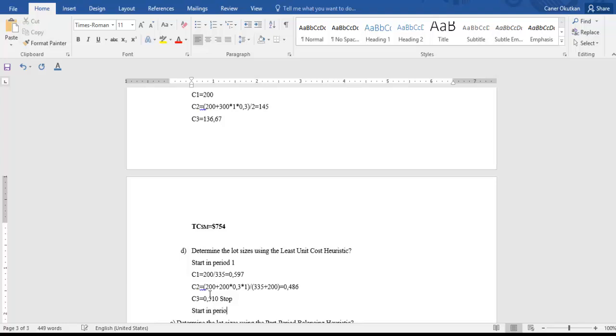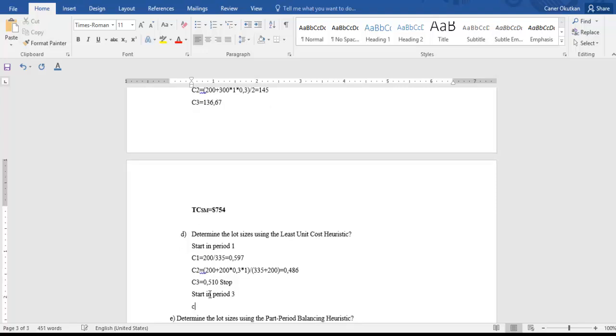in period 3. We calculate another cost 200 divided by 140 equals 1 point.